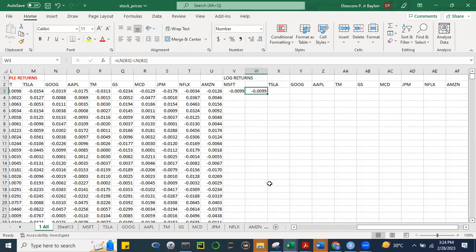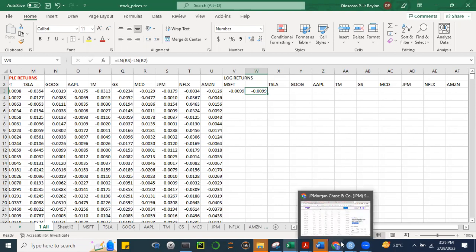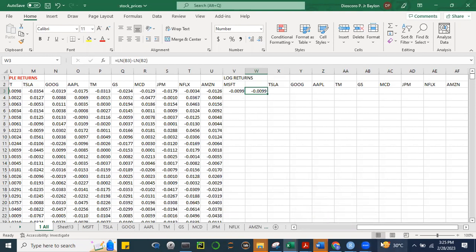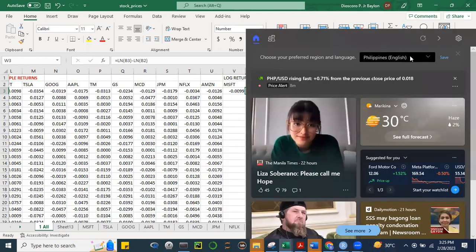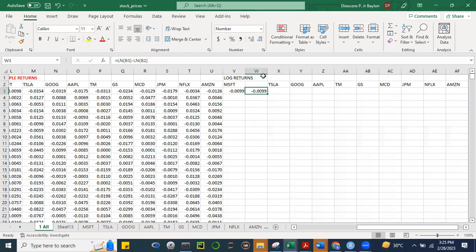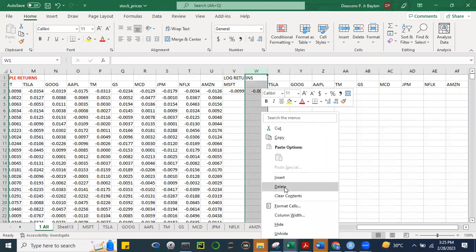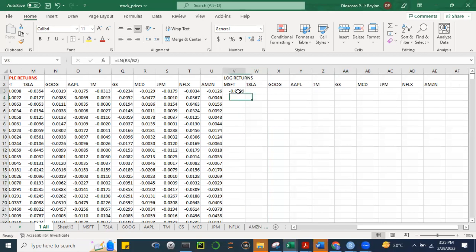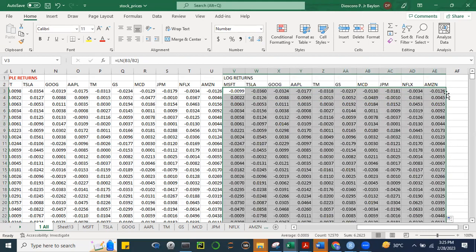So I just proved that the log returns is simply the log of the quotient, price at time t over price at time t minus 1, which is just the same as the ln of the price at time t minus the ln of the price at time t minus 1. Okay, so let's delete this. All right, so we can now just copy the formula.